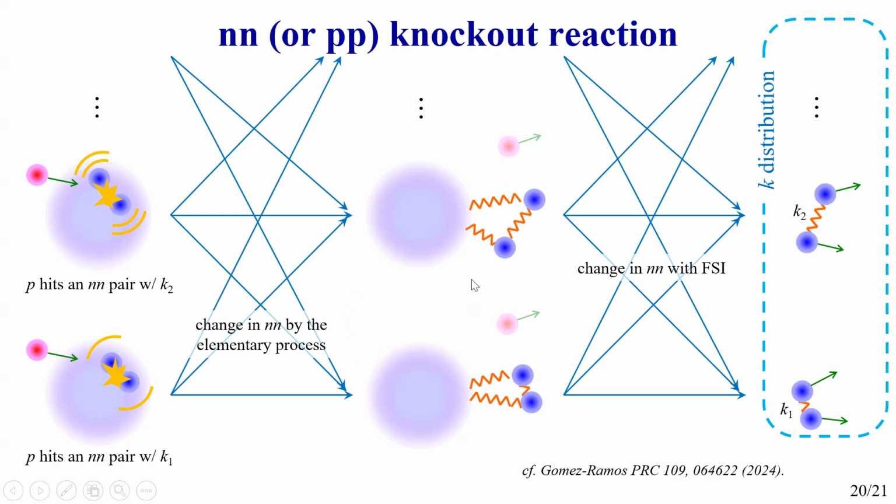That is more complicated, but still tractable, I think. And in the end, we don't have a ground state of this two neutron pair. We should measure both neutrons and measure the distribution of the cross-section regarding the relative momentum. That should be the observable that we should discuss. And this study is ongoing, and hopefully we report something in near future.